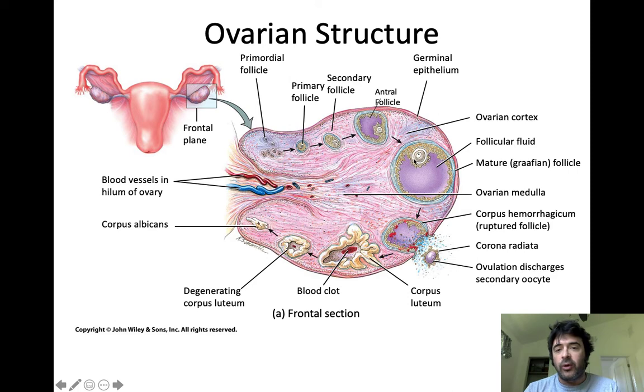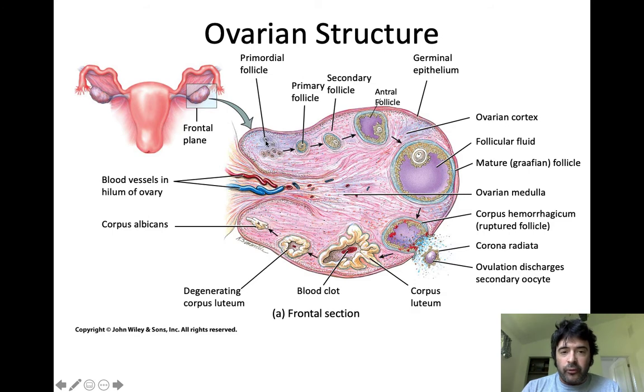And it's within the ovarian cortex that the ovarian cycle, with respect to what we care about from a reproductive standpoint, is taking place. And remember, this takes place over the course of about 28 to 30 days, what I'm about to talk about. But the ovarian cycle is unique from the uterine cycle, and we're going to talk about how the two are linked, but I just want to highlight the anatomy of the ovary and a little bit about the physiology.